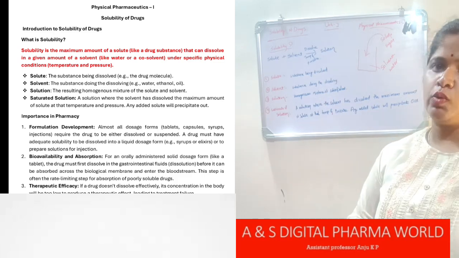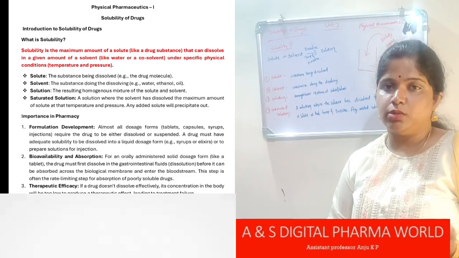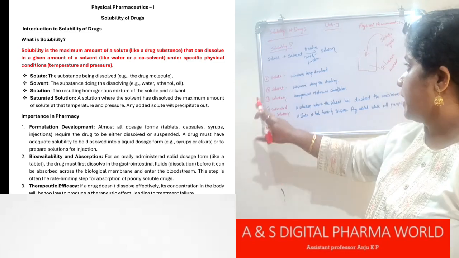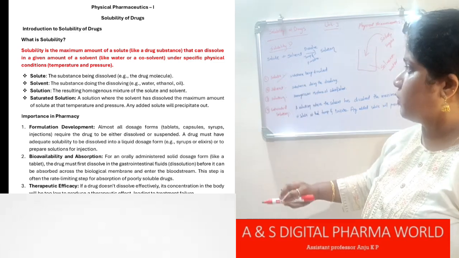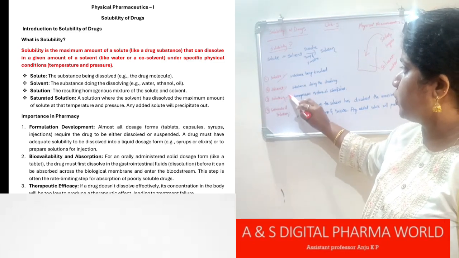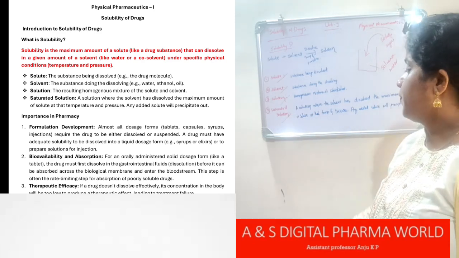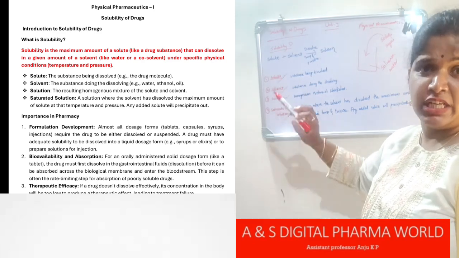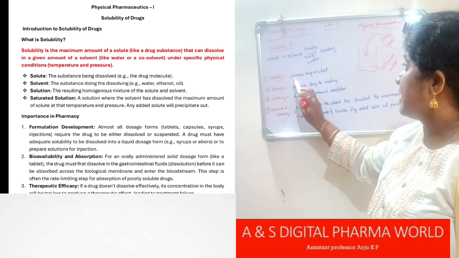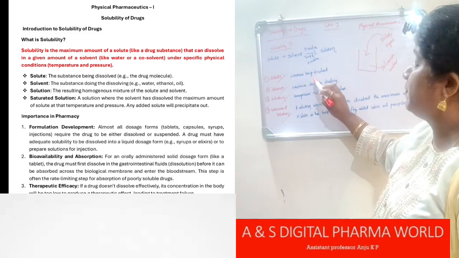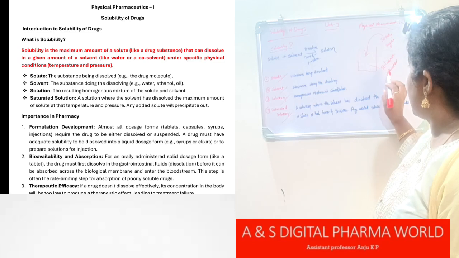Some terms in solubility which we have to learn are: what is solute, what is solvent, what is solution, and what is saturated solution. Solute means the substance which is being dissolved in the solvent.